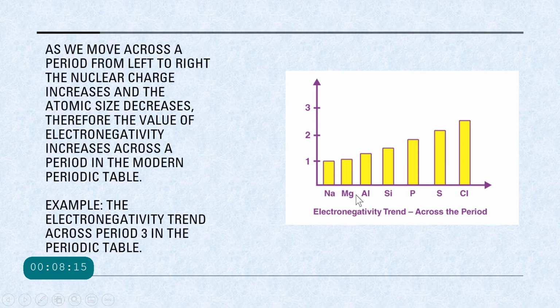As you go from left to right, the electronegativity trend is trending up. This chart is to show how atomic size affects electronegativity, but we're going to get more into that later.